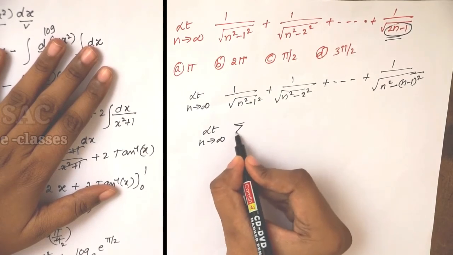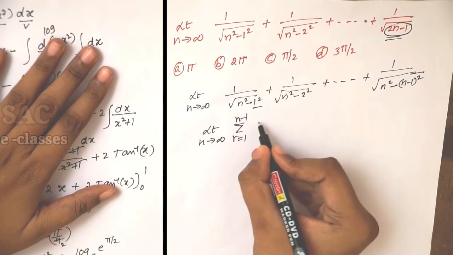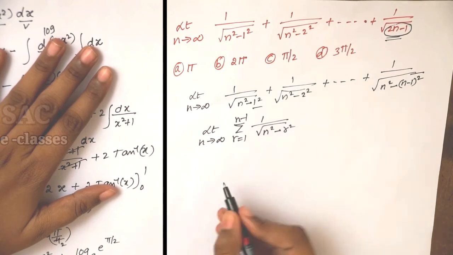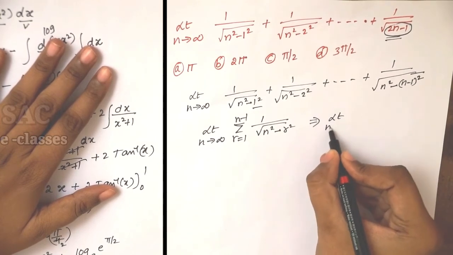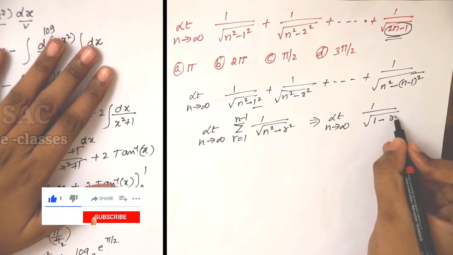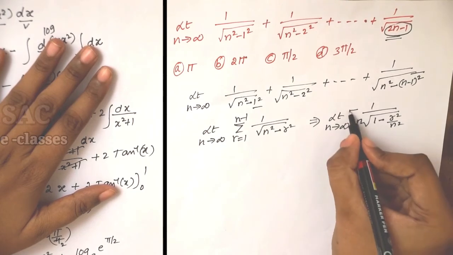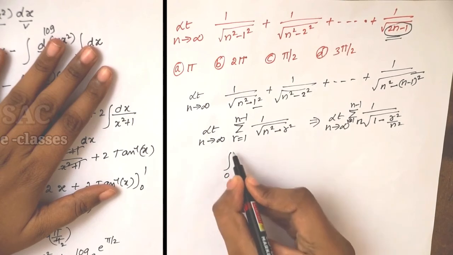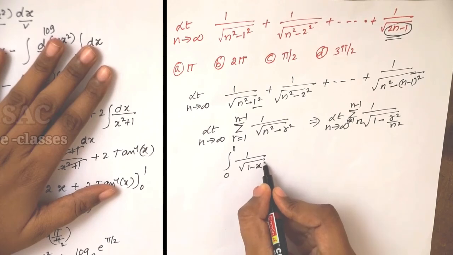Limit n tends to infinity, sigma r is equal to 1 to n minus 1, 1 by root over n square minus r square. By taking n square out, limit n tends to infinity, 1 by root over 1 minus r square by n square. Root n square means n, and also sigma r equal to 1 to n minus 1 will convert into integral 0 to 1, 1 by root over 1 minus x square.